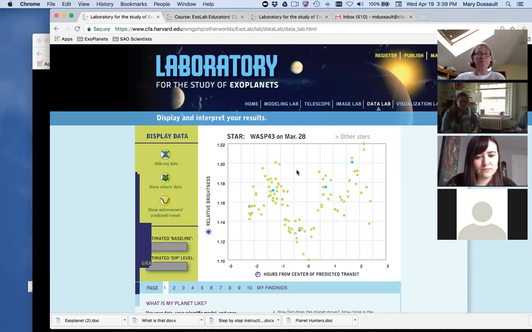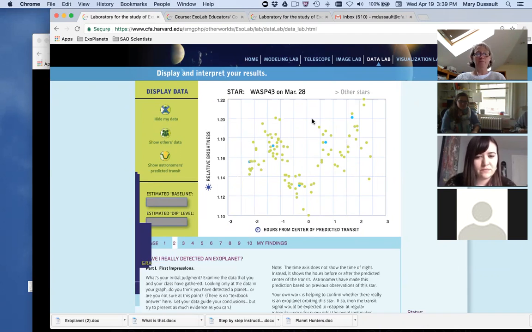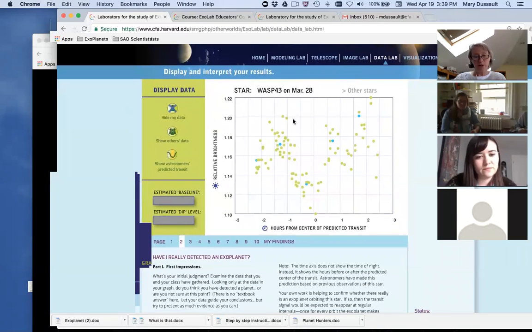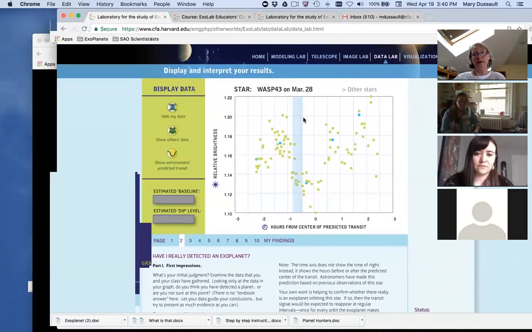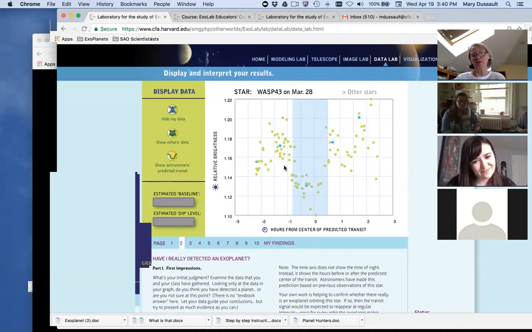The data lab allows you to take a look at this, and as we go to page 2 of the data lab, one of the things the teacher guide will lead you through is that you can have your students make an estimate of where they think the duration of this is.